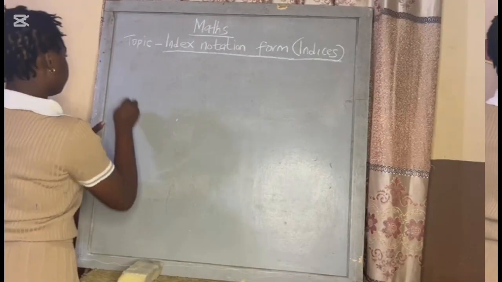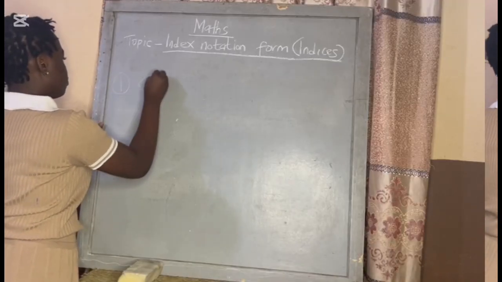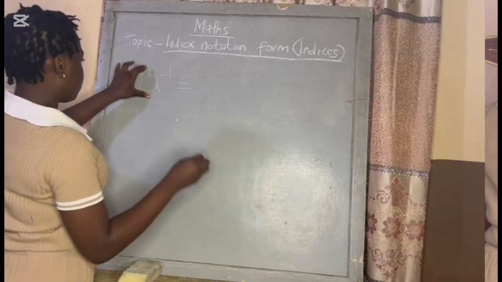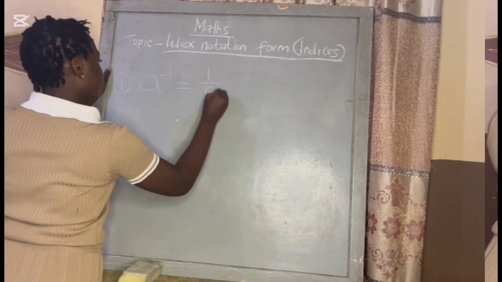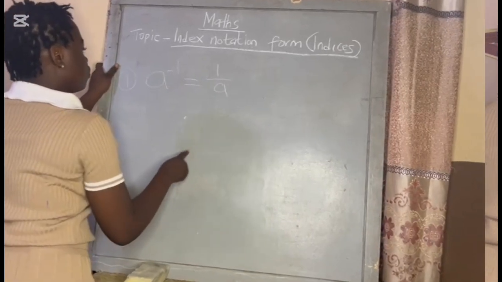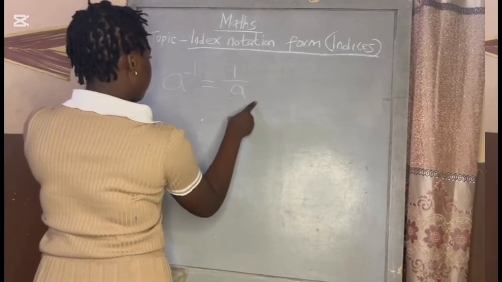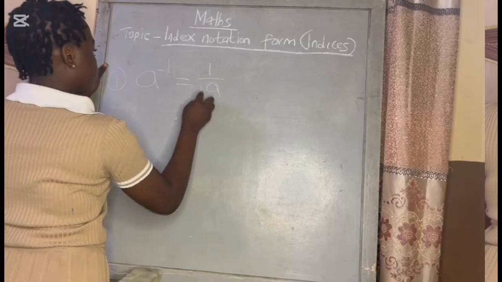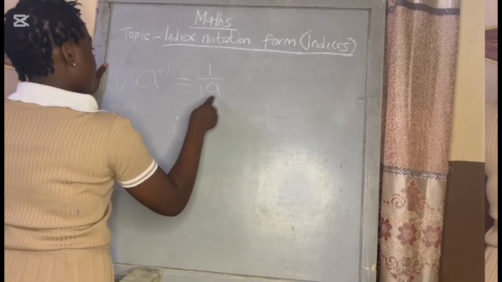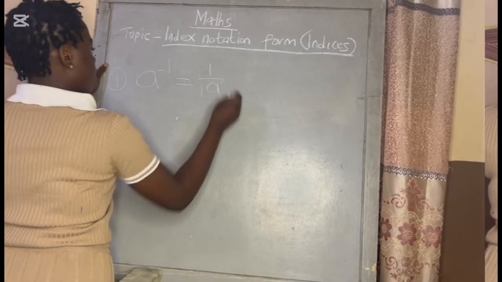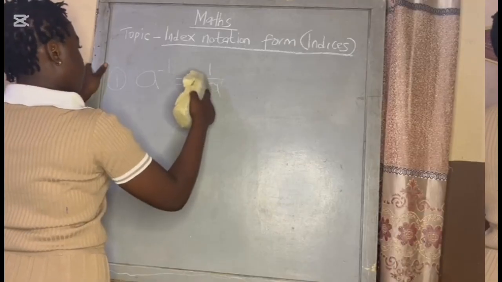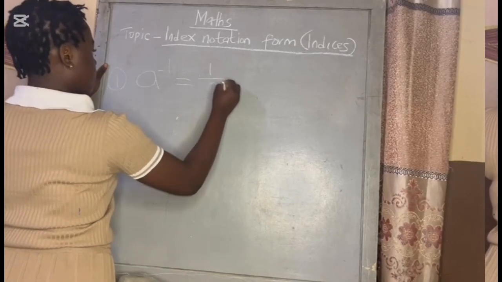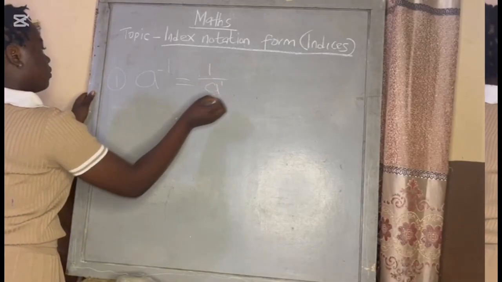For example, a raised to power minus 1 is equal to the inverse of a, which is 1 over a. Then you raise it to the positive power. Any letter on its own has an invisible one over it and also an invisible power of 1, so the power 1 is not necessary, but you can still put it for quick understanding.